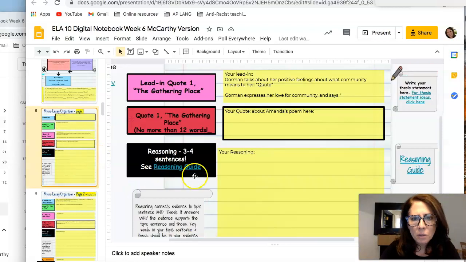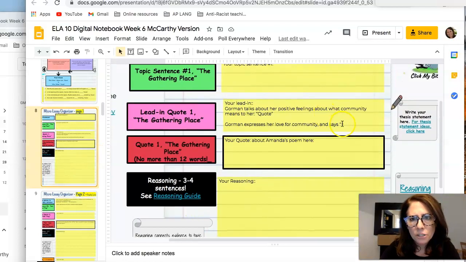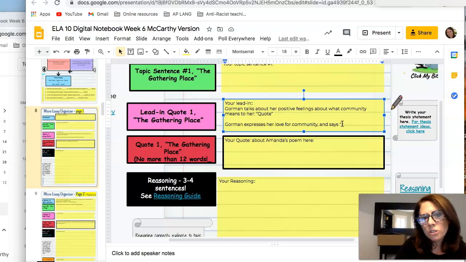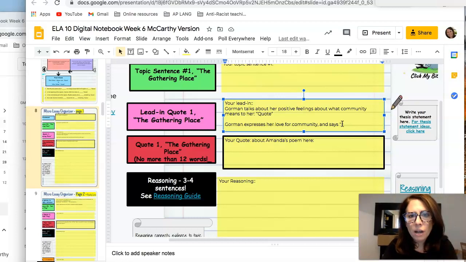Go back to my Amanda Gorman page, page 8, and do this with me. Write your lead-in with me now, or pause and take a moment to do it based on what I've been talking through. Gorman expresses her love for community and explains, comma, quote. So again, two ways to write a lead-in.